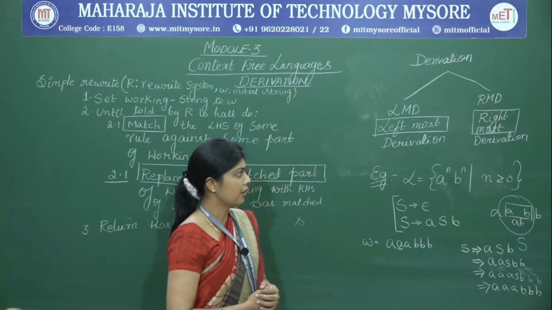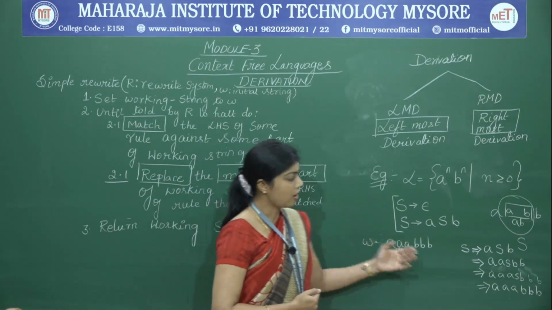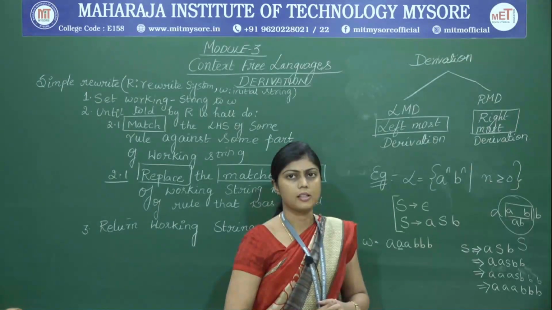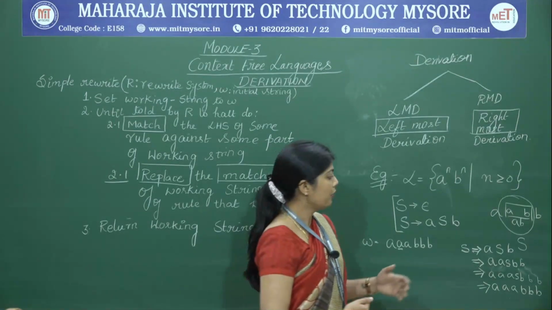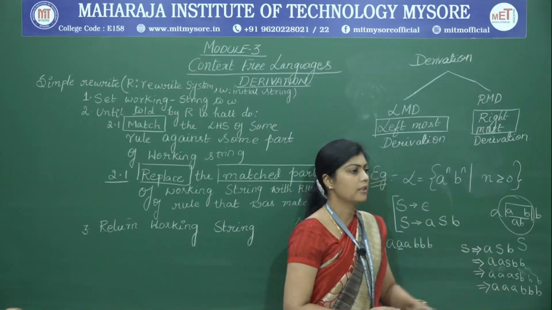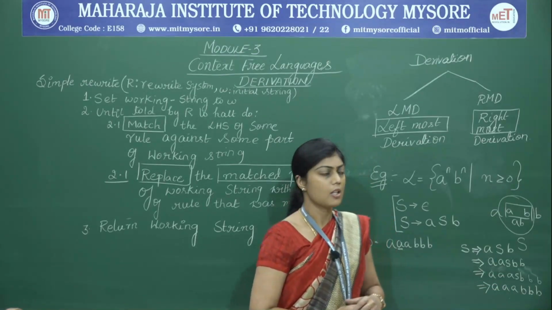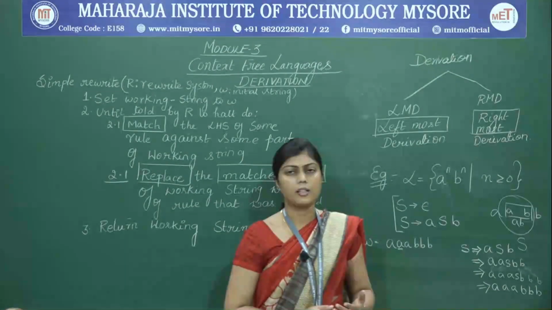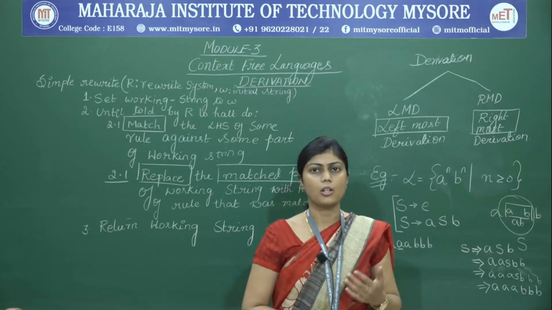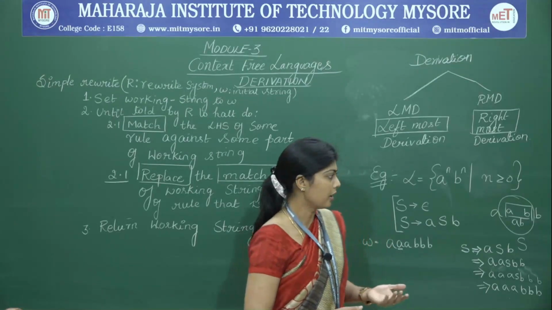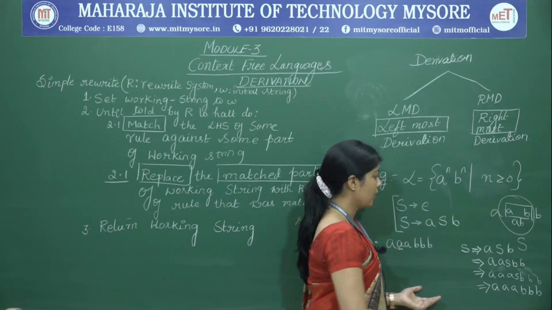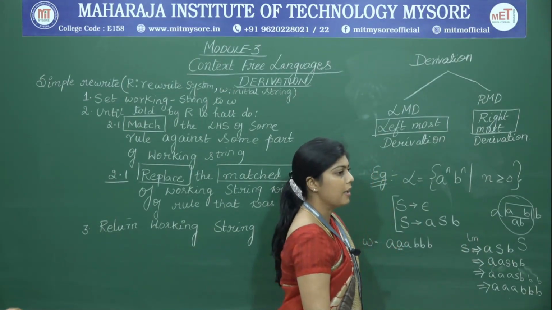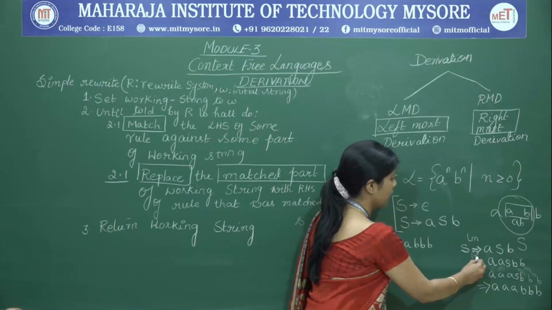But what do we observe here? Can I call this the leftmost derivation, or can I call this the rightmost derivation? If you observe, in every step there is a single variable. So this is just the derivation. You can either call it the rightmost derivation or the leftmost derivation. In case I am calling this the leftmost derivation, I am going to write LM on each step of the derivation.